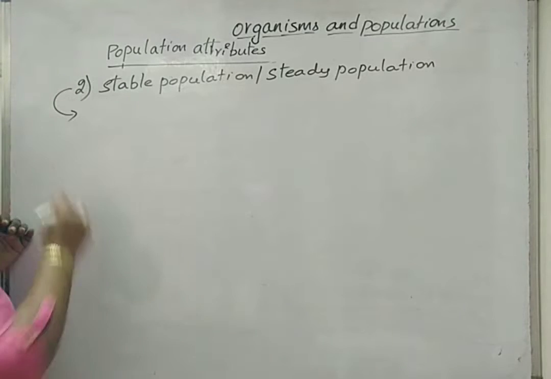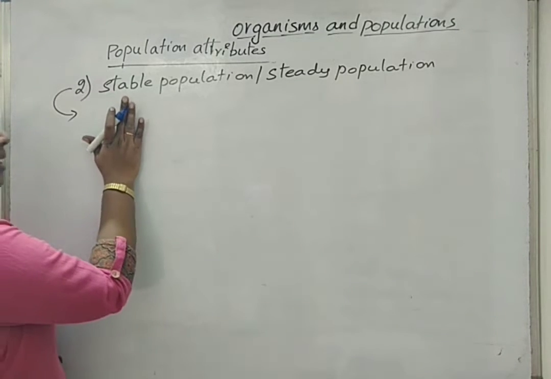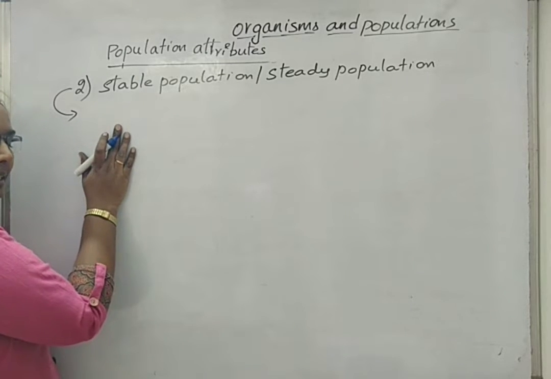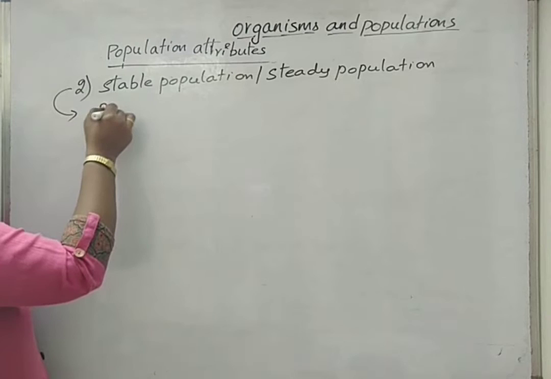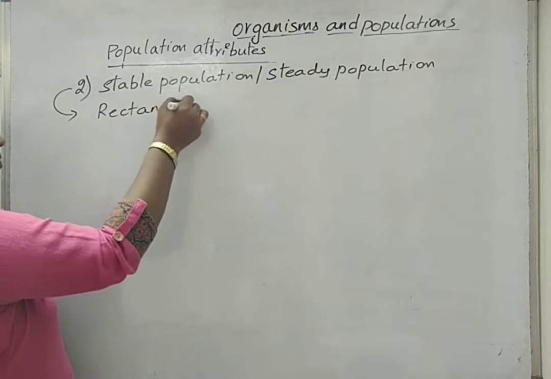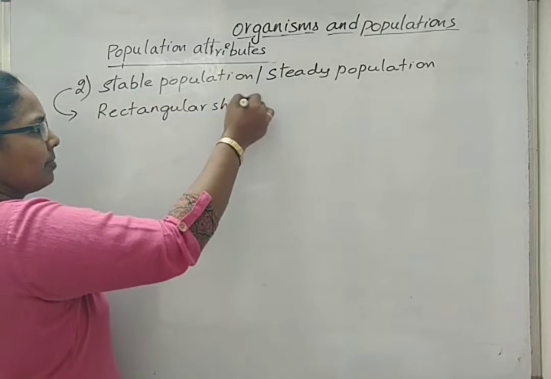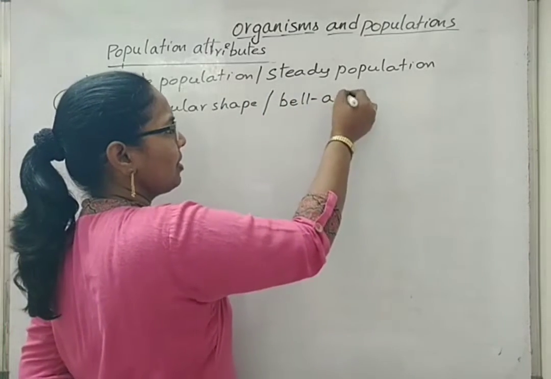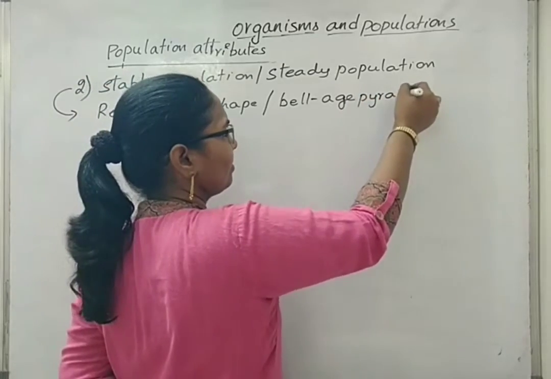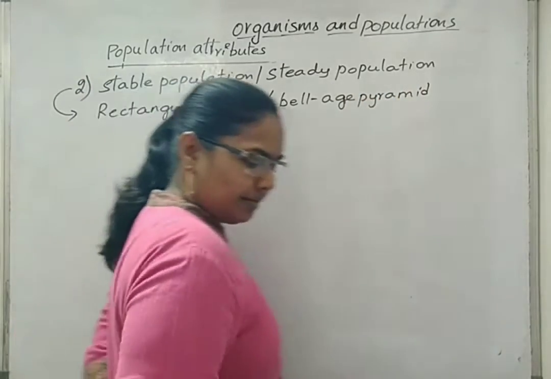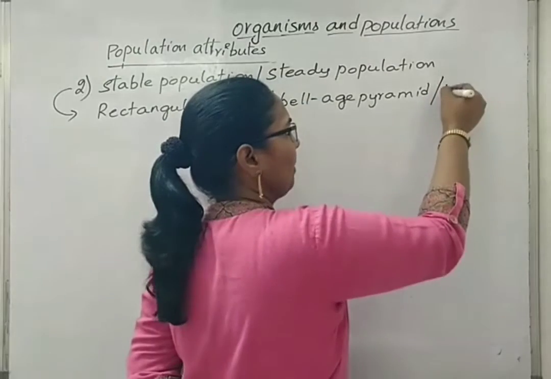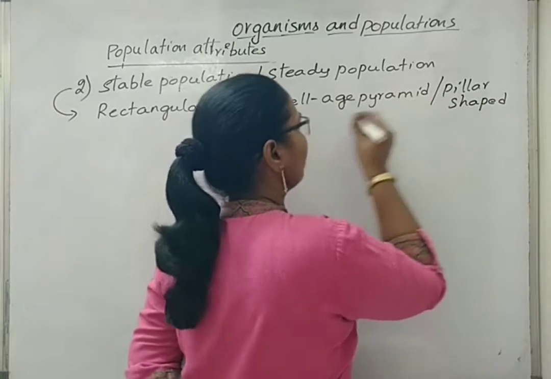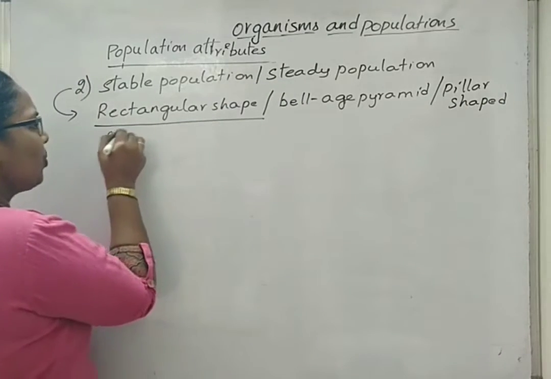The shapes that this type of population exhibits in graphical representation, that we are going to learn, are rectangular shaped or bell age pyramid or pillar shaped or square shaped.